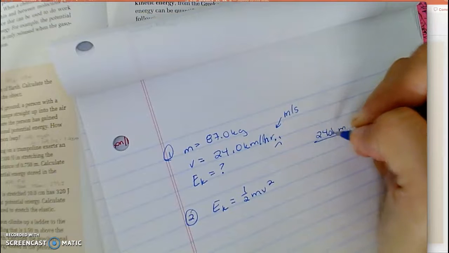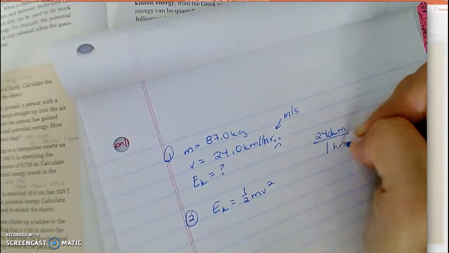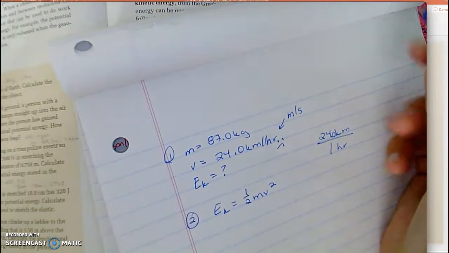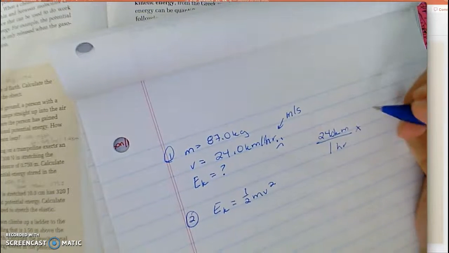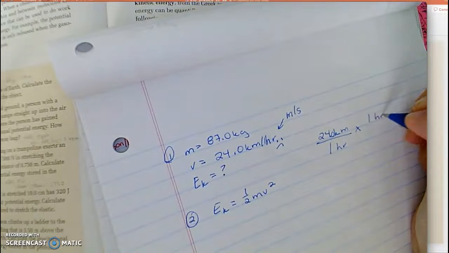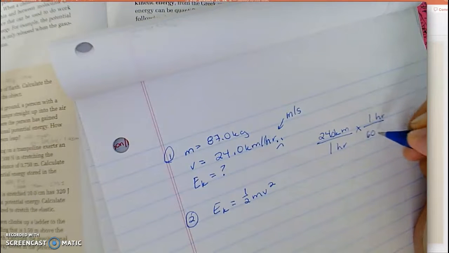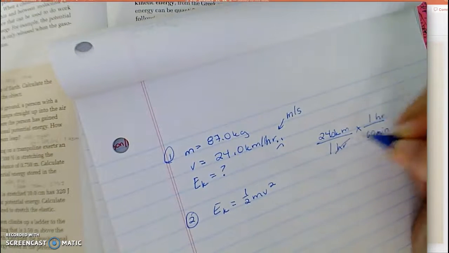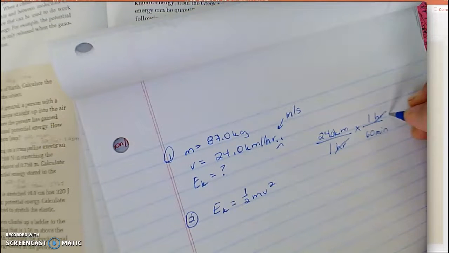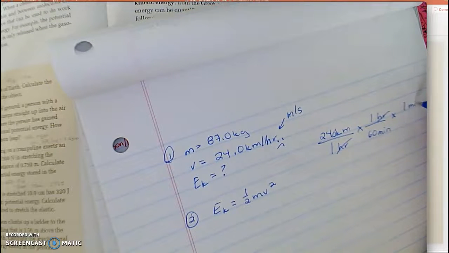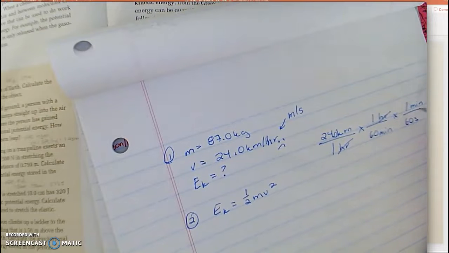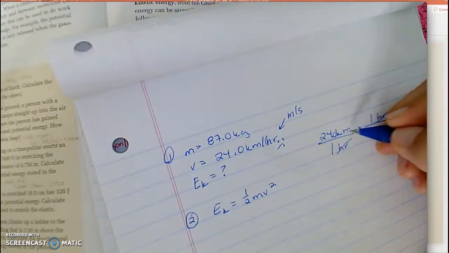So there's 24 kilometers in 1 hour. Which one do you want to get rid of first? Hours this time? Sure. In every hour, there's 60 minutes, so we can cancel those out. In every minute, there's 60 seconds. We can cancel those out, but we still have kilometers.